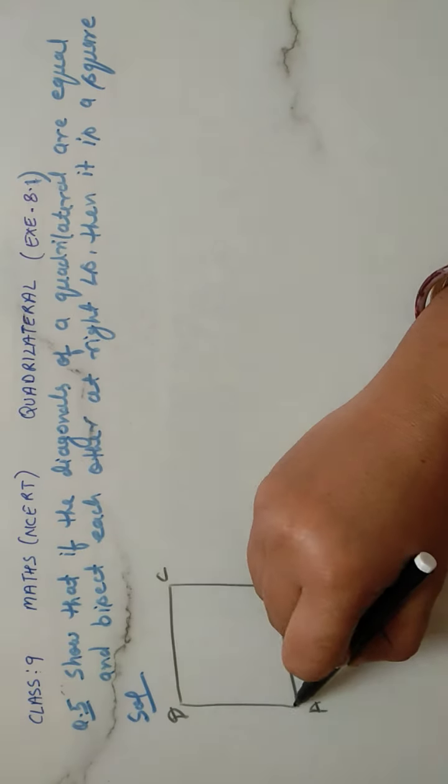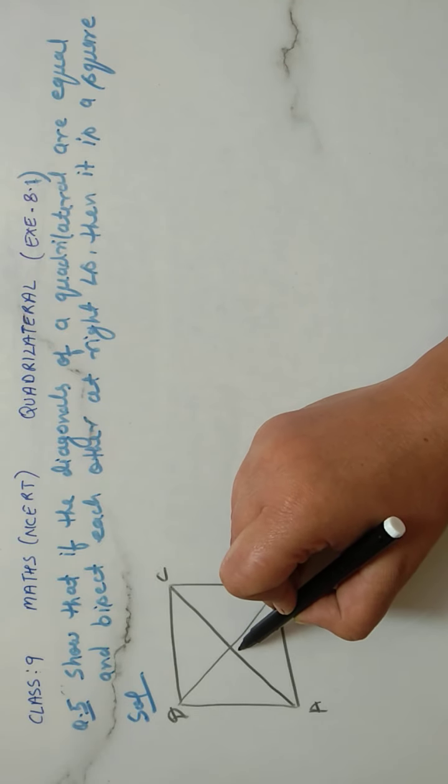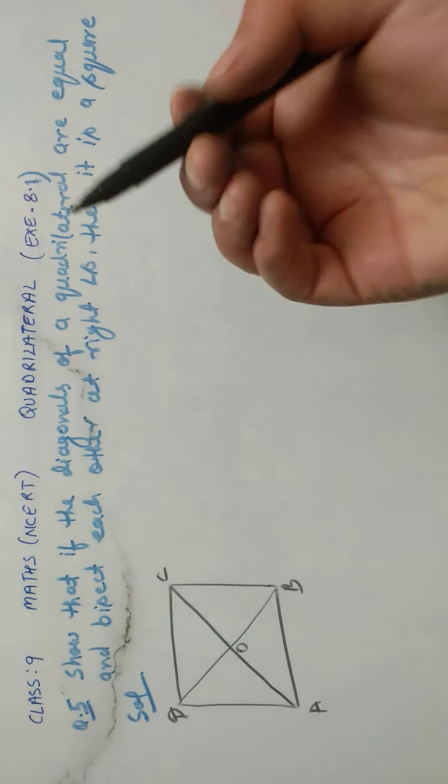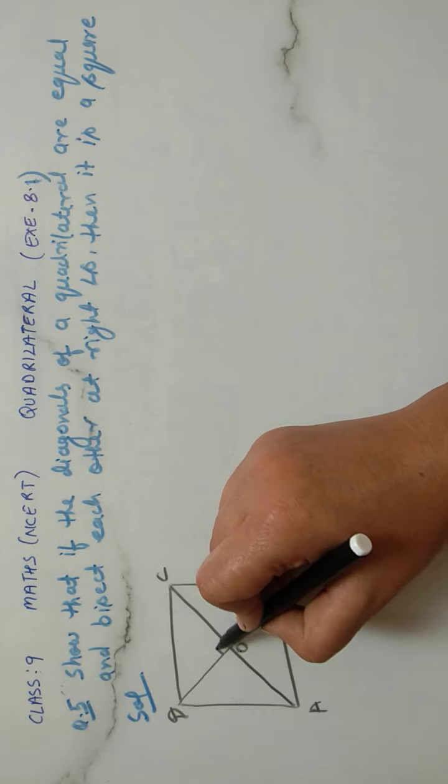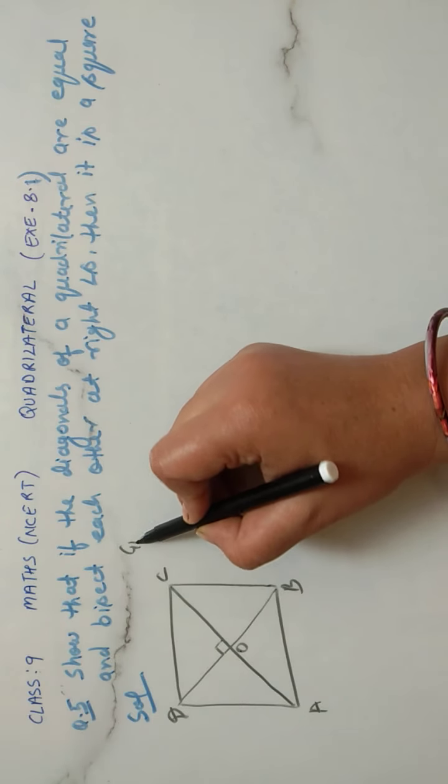First of all we will join its diagonals. They intersect at O. It is given that they are bisecting each other and at right angles. So just see what things are given to us.